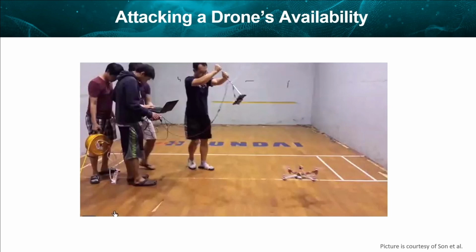As you can see in this picture, this was their experimental setup. The drone was unable to ascend because of the array of speakers directed at it, connected to a laptop which produces a signal around the resonant frequency.